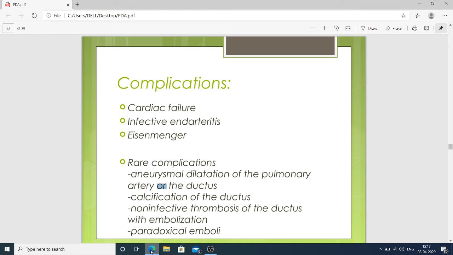Then calcification of ductus, non-infective thrombosis of the ductus with embolization and paradoxical emboli. Paradoxical emboli actually refers to an embolus which is carried from the venous side of circulation to the arterial side or vice versa.